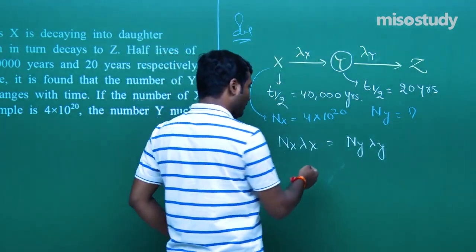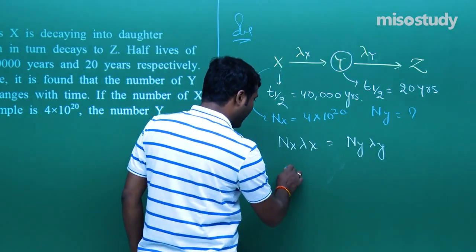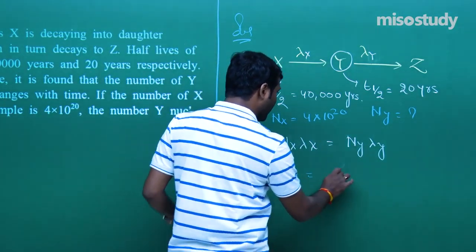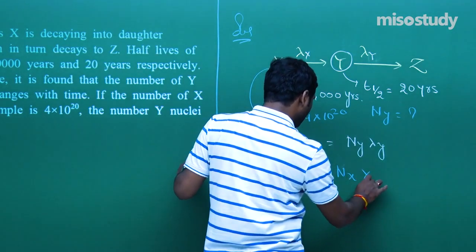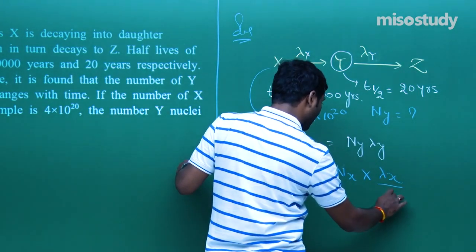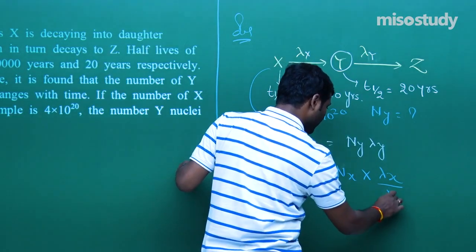As we know, we can write here, listen carefully, Ny is equal to Nx into lambda X upon lambda Y. Am I right?